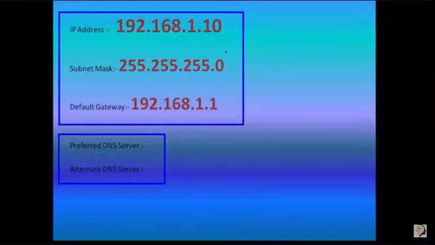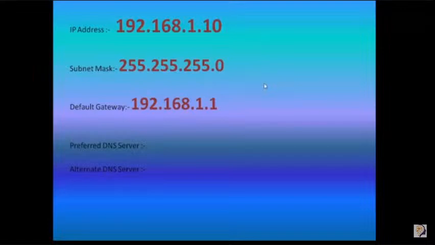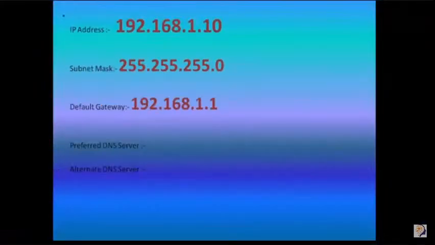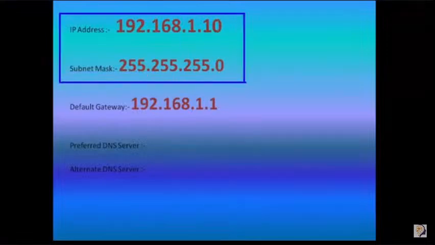So you should have all these things. We have to focus on these two things right now, IP address and subnet mask. I will discuss them in very detail in upcoming slides.